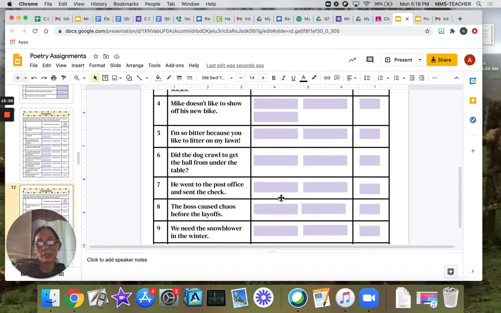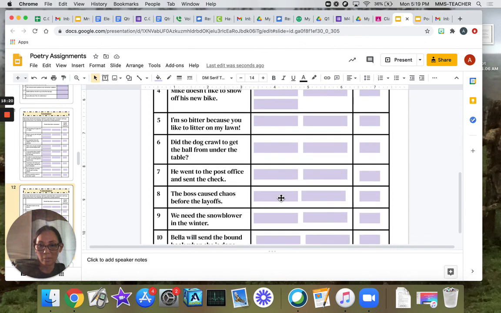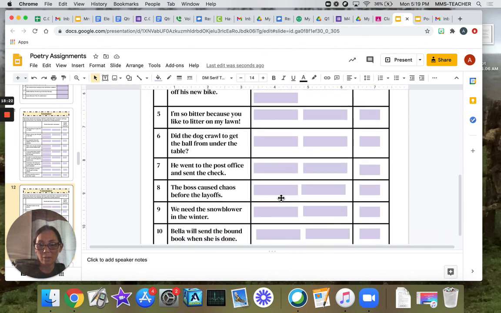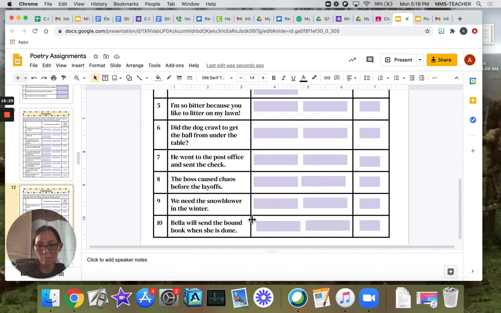Number 6, did the dog crawl to get the ball from under the table? Number 7, he went to the post office and sent the check. Number 8, the boss caused chaos before the layoff. Number 9, we need the snowblower in the winter. And number 10, Bella will send the bound book when she is done.